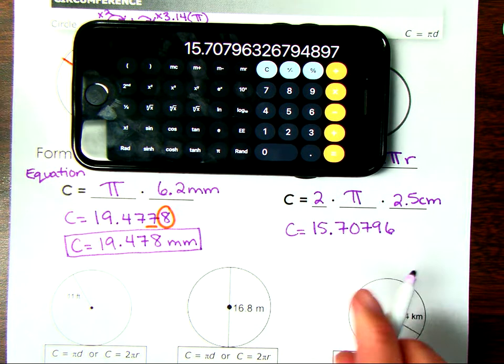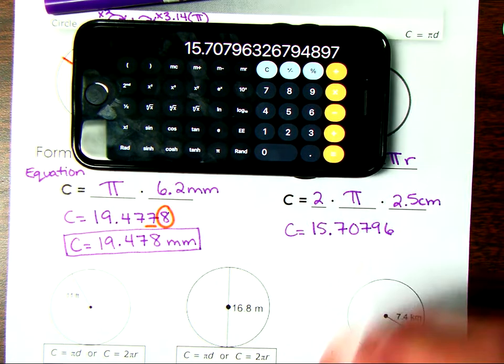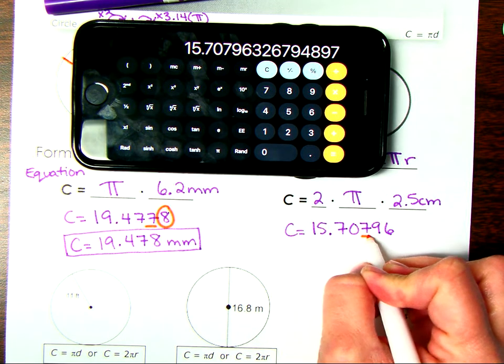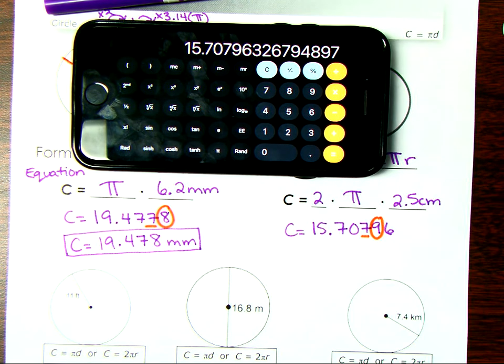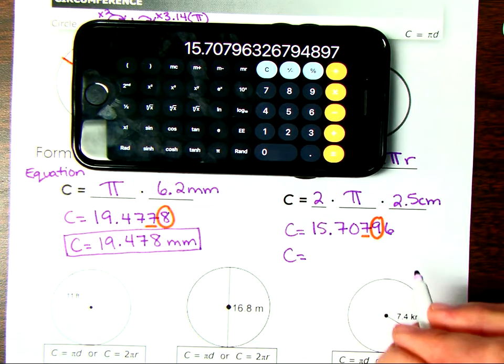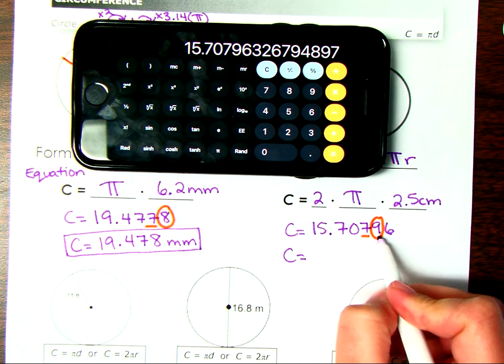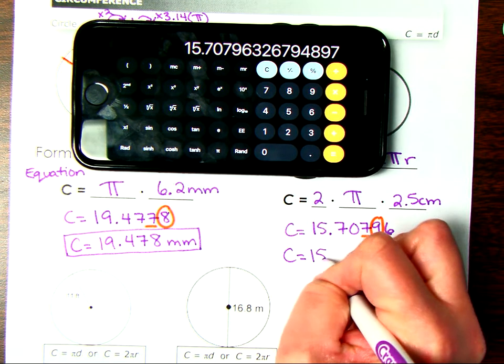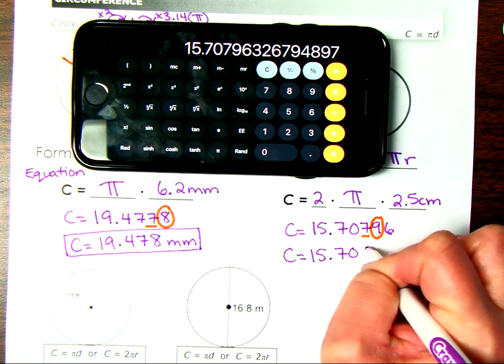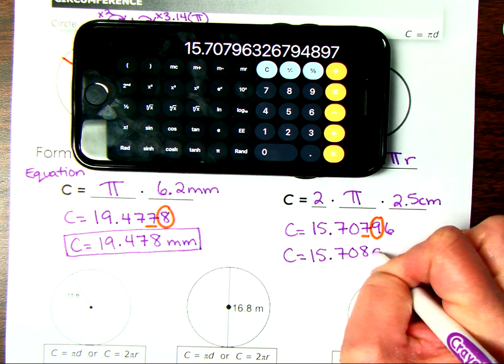But if we're going to round to the nearest thousandth, so that's tenths, hundredths, thousandths, we need to look at the number in the 10,000ths. Okay? So if I'm estimating this based on where my calculator stopped, 4 or less, we let that rest. 5 or more, we add 1 more. So this is going to be 15.708 centimeters.